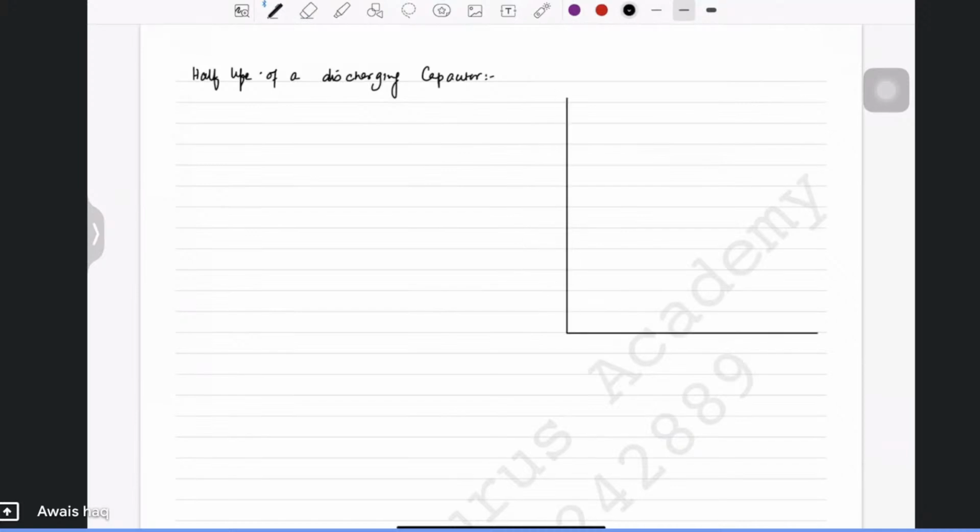Okay. So half-life means the time taken for a capacitor to become half of the original value. So that's going to be V naught, and we're looking at V naught by 2. We want the time of half-life, which means we want a value of V at which V naught will be exactly half, and every time it will be the same.